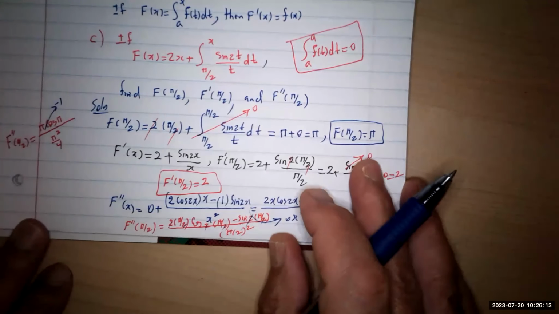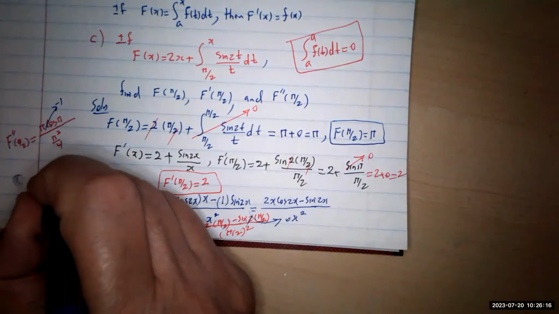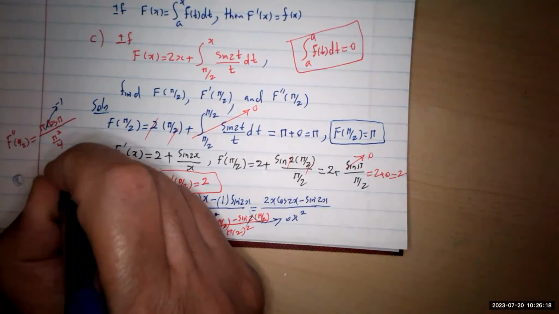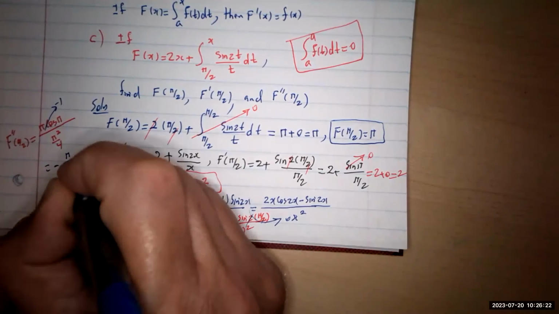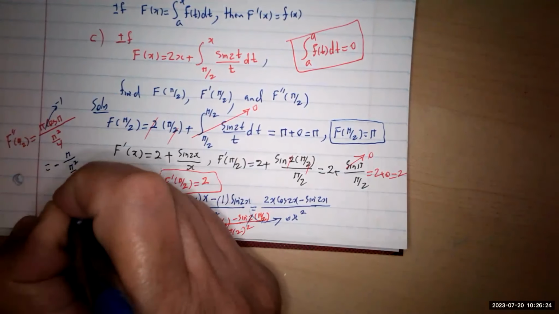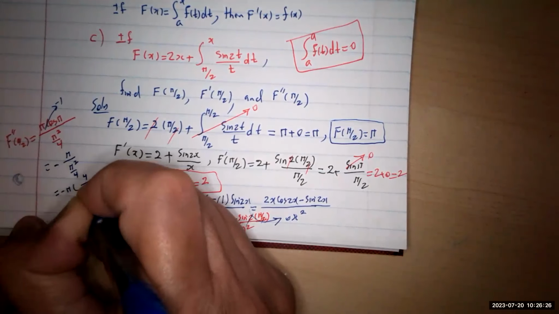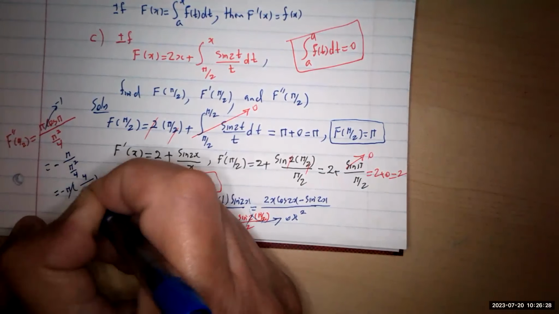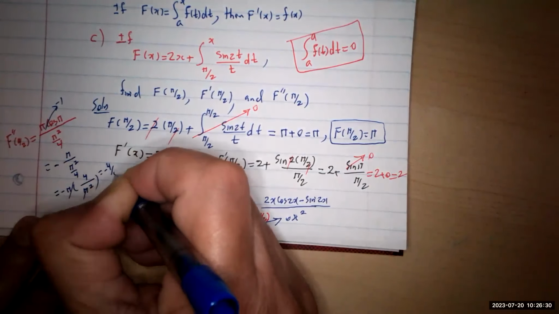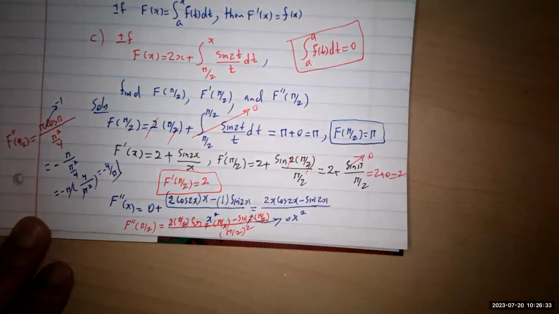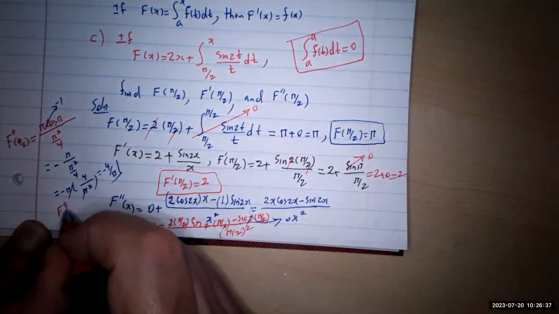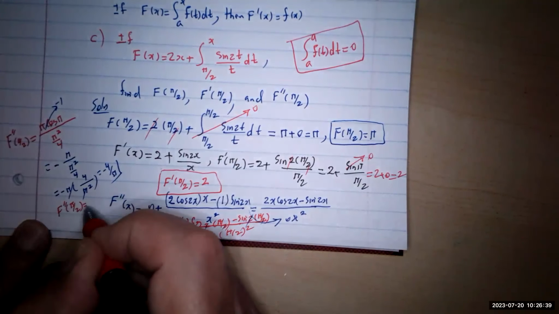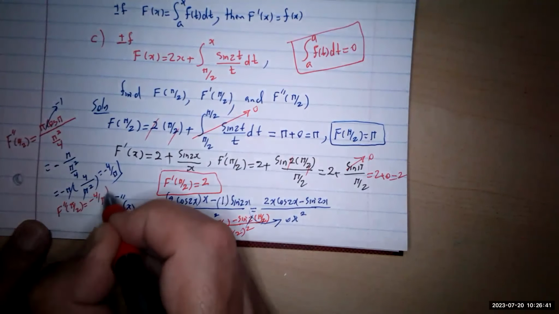So that gives you negative pi over pi squared over 4. Just use the reciprocal: negative pi times 4 over pi squared. So the final answer would be negative 4 over pi. Okay, so f double prime at pi half would be simply negative 4 over pi.